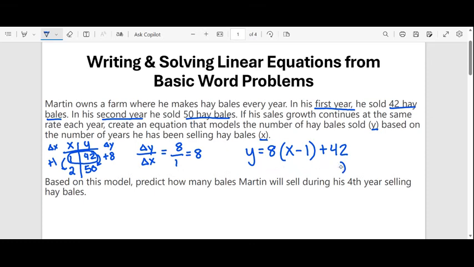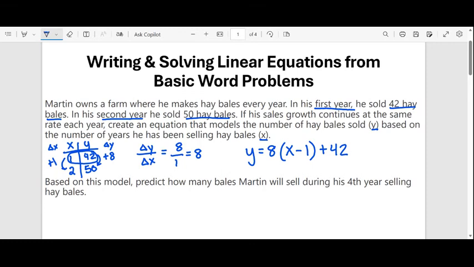But we use this point slope form that looks like this, where we have the opposite of the x value inside of our parentheses and then the y value outside of our parentheses. So we're going to say y equals the slope, which is 8, x minus your x value from your table was 1, plus your y value from table, which was 42.